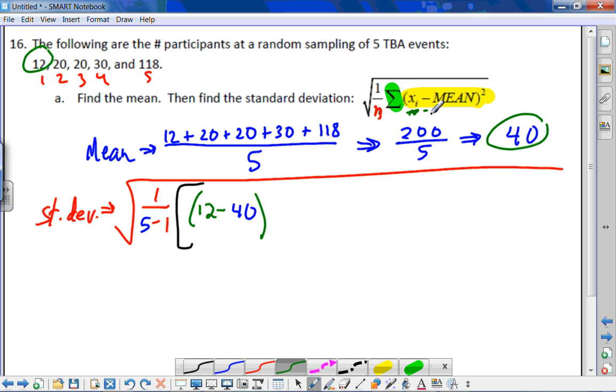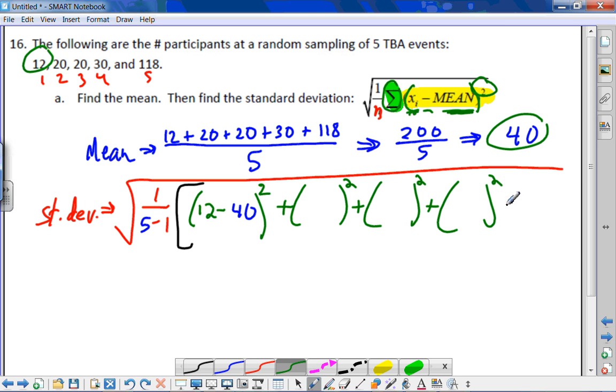Individual x value minus the mean, in parentheses, squared. And this symbol means keep doing that over and over again, adding each result. There's 5 values, so it will happen 5 times. And every time it's minus the mean.